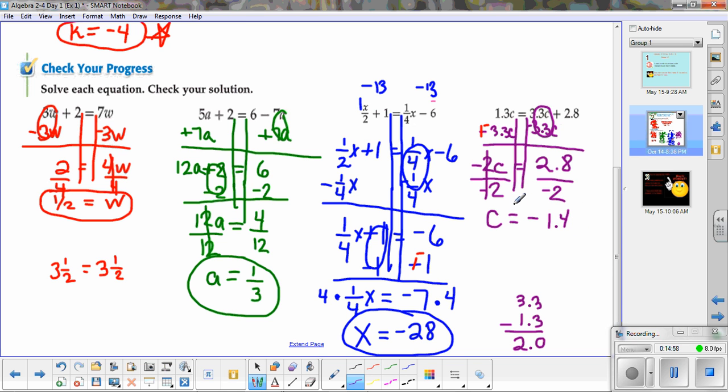So C equals a negative 1 and 4/10. Again, you can check this out by plugging it back in on the left, seeing what you get. Plug it back in on the right, see what you get, and the two sides should be equal.